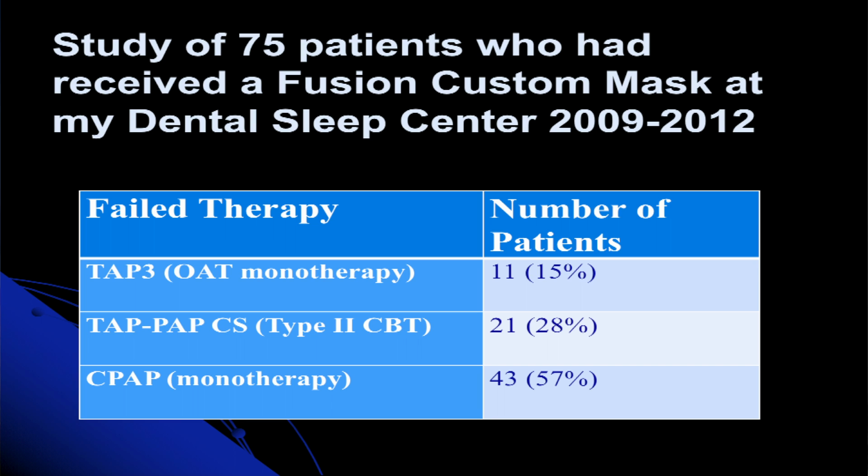So us as dentists are usually unable to treat these patients because on the severe end of the spectrum, oral appliance therapy is ineffective. And so we start thinking about combination therapy. So having the ability to do combination therapy is a great adjunct to your ability to treat the whole spectrum of obstructive sleep apnea.